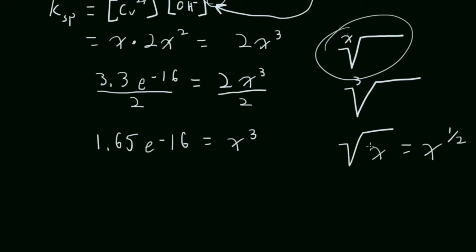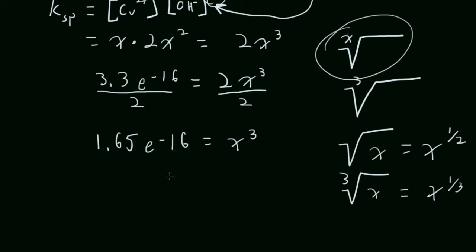So if I take the square root of x, it is x to the 1/2 power. If I take the cube root of x, it is the same as x to the 1/3 power. So that's what we're going to be doing here. We're going to take x to the 1/3 power. That'll get rid of this 3. And then I take this 1.65 e negative 16 to the 1/3 power.